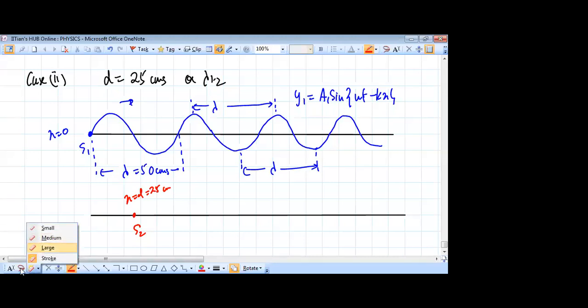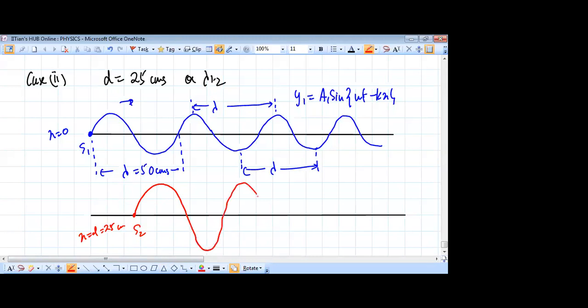Let's understand that. This particular thing would have created a wave that would have looked like this, of larger amplitude. This kind.